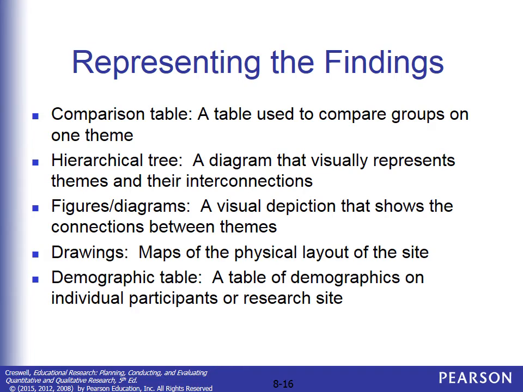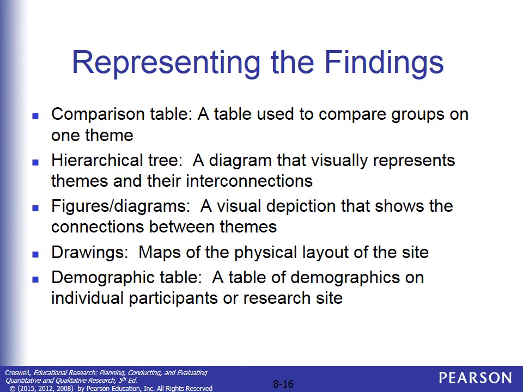Now, qualitative researchers often display their findings visually by using figures or pictures that augment the narrative discussion. And there are different ways to display data. For instance, you can create a comparison table, where you create a visual image of the information in the form of a comparison table or a matrix, which is a table that compares groups on one of the themes from your study.